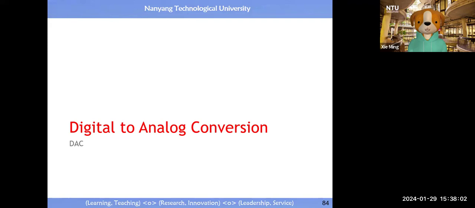The reason is that this conversion is very easy for us to achieve, and very cheap. Then the analog to digital converter will make use of this to achieve analog to digital conversion. Understand the reason? Because this is a very cheap solution.